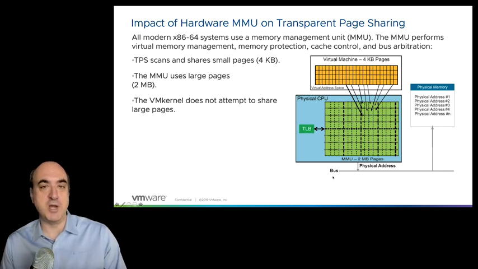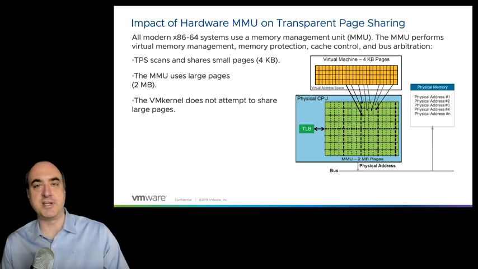Large pages are 2 megabytes in size. So what would have been a whole bunch of 4K byte size pages now get mapped into a single 2 megabyte page. Well, basically a far smaller number of 2 megabyte size pages. It's reducing the overhead on a per page basis.